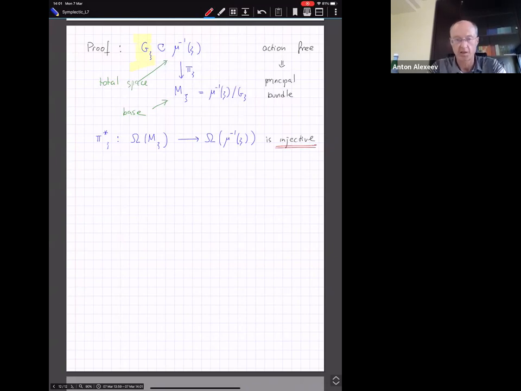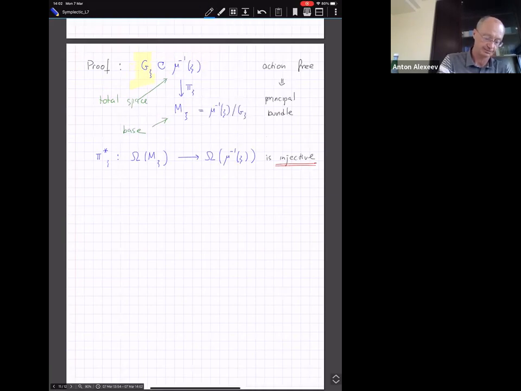Now you may ask a question: how to characterize the forms in the image?